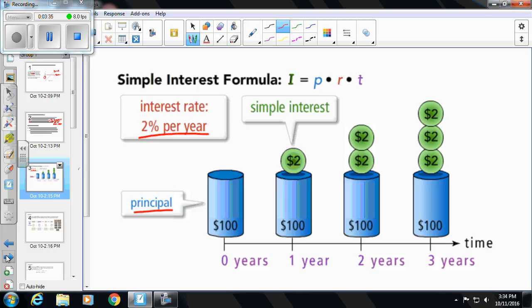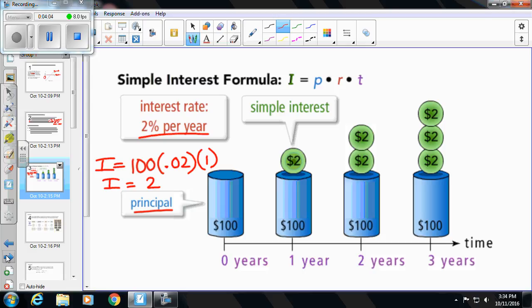If I plug it into my formula, my principal is 100. My interest is 2%, 0.02 in 1 year. When I multiply that all out, I get 2. Okay? If I put it in for 2 years, I end up with $4. If I put it in for 3 years, I end up with a grand total of $6 in interest.